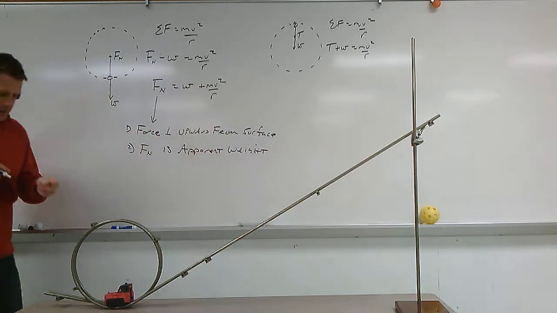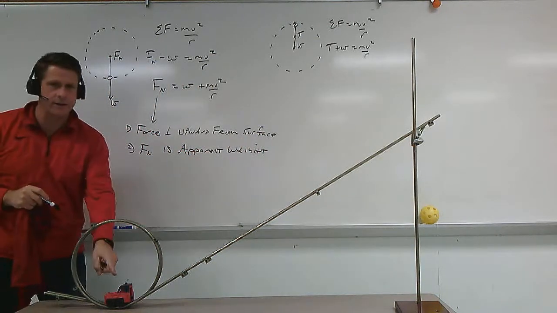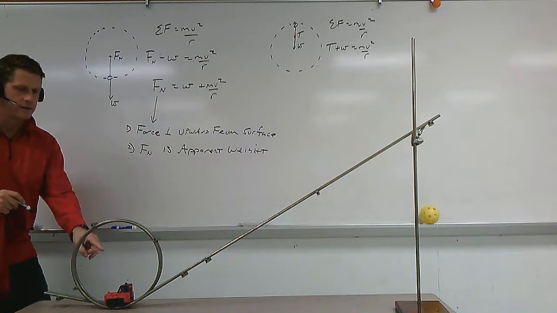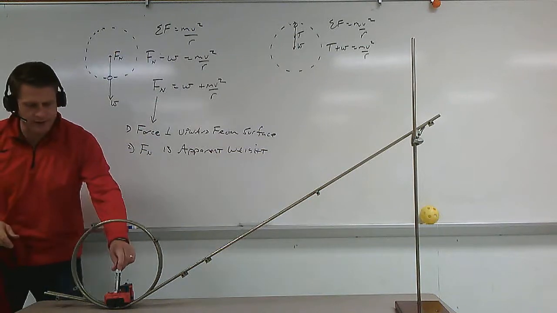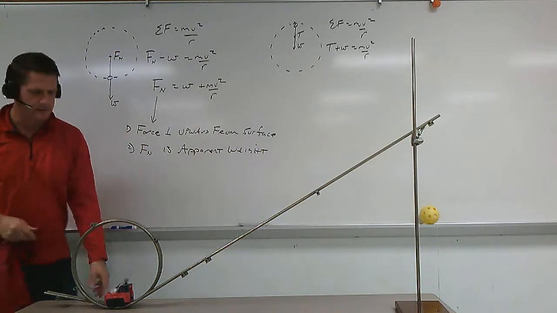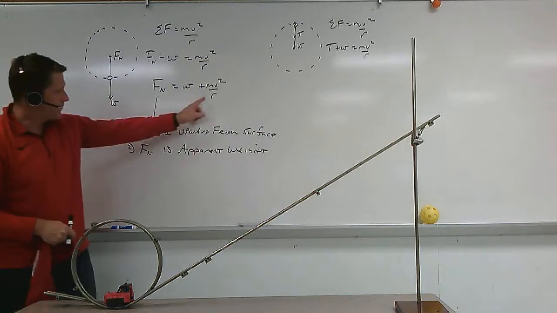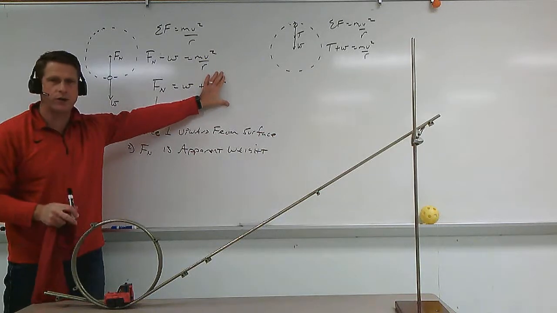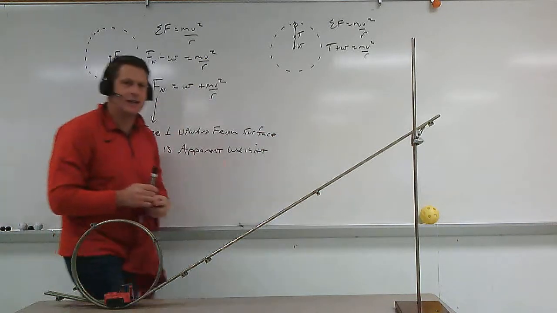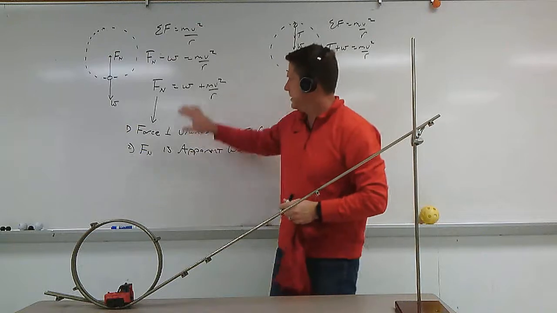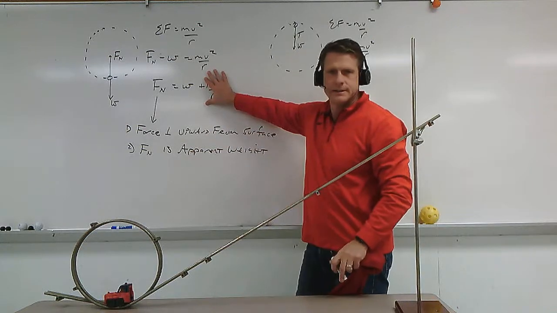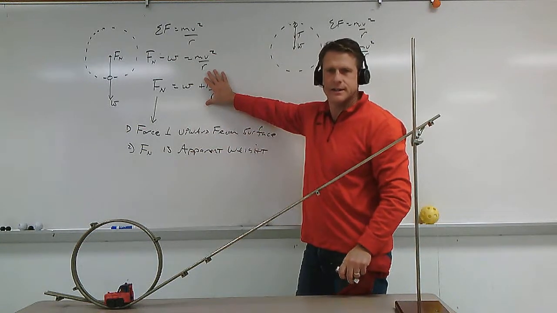Now let's think about this. If the cart is just sitting here and there's a person inside the cart, the speed is zero and the normal force is equal to the weight of the car. That is what that says.